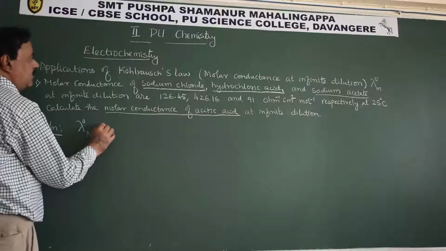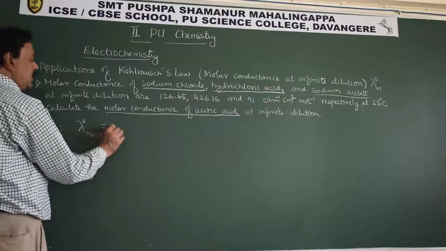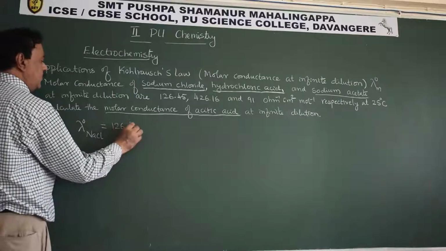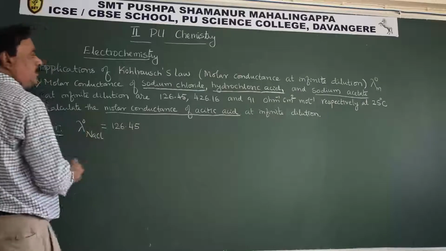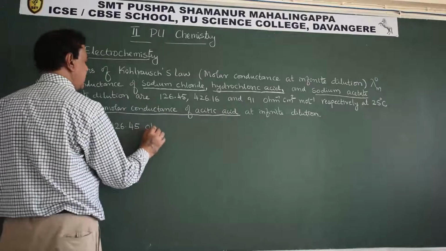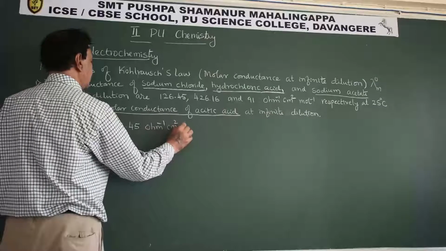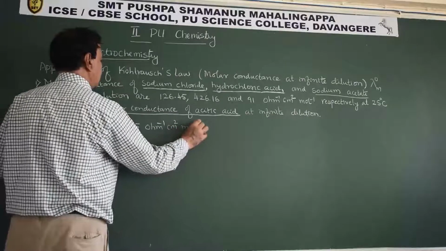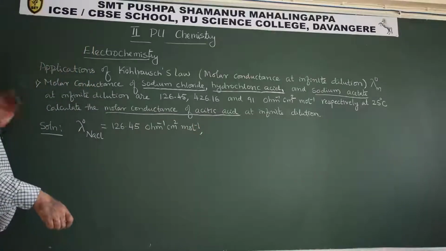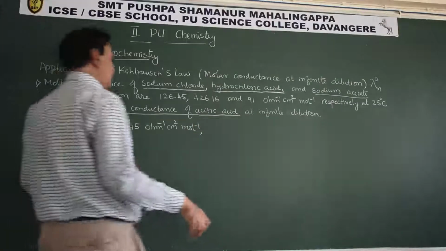Lambda naught of sodium chloride is given as 126.45 per ohm square centimeter per mole.